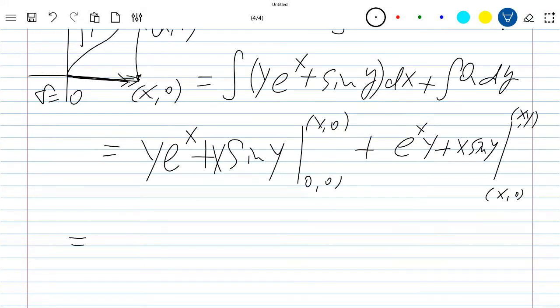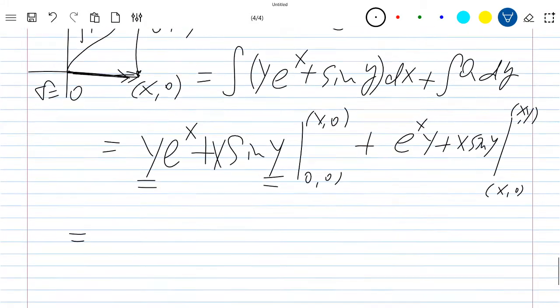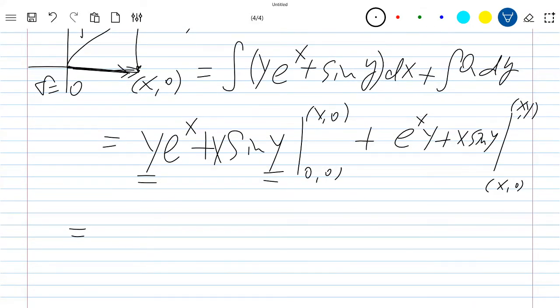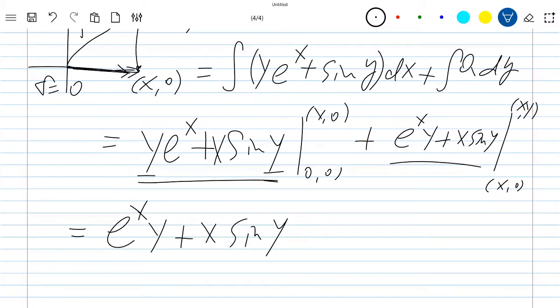When y equals 0, this happens to be gone, so you get nothing. That's nice, so we only have the second term: e to the x y plus x sine y. Actually, notice this and that are the same, so we can just cancel this directly. So that's the answer. Okay.